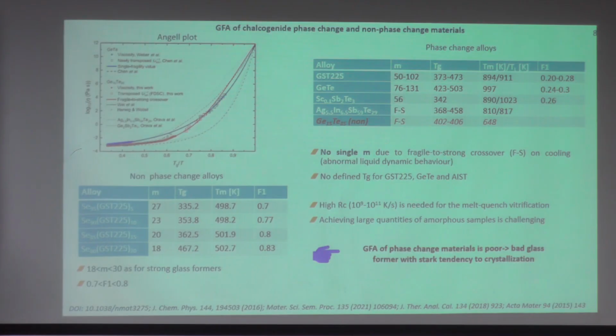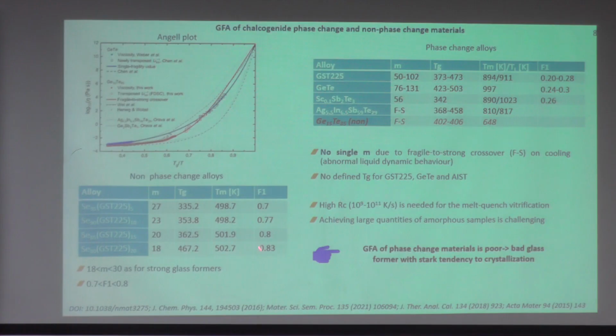It shows also a fragile liquid. If we compare it with non-phase change materials, for example the typical selenium-based chalcogenides, we can see that the M parameter is very low, in the range between 18 and 27.